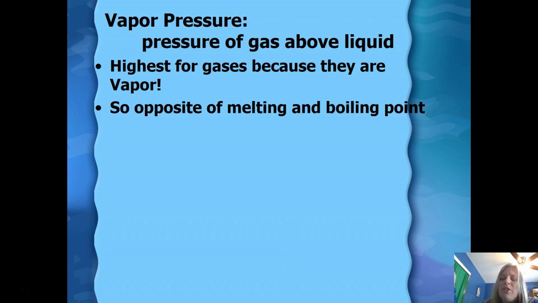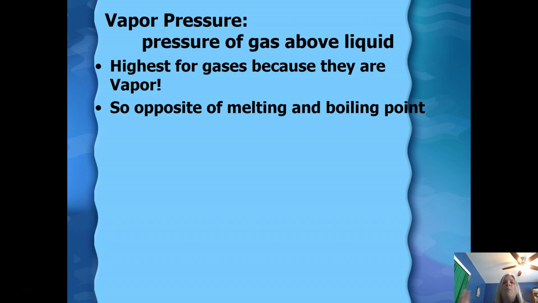I talked about vapor pressure in the first video. Vapor pressure is the pressure of a gas above a liquid in a closed container. Every substance evaporates. Even a solid, if we put it into a container, some of it is going to evaporate. And remember that pressure comes from collisions of molecules with the walls of their container and other substances.